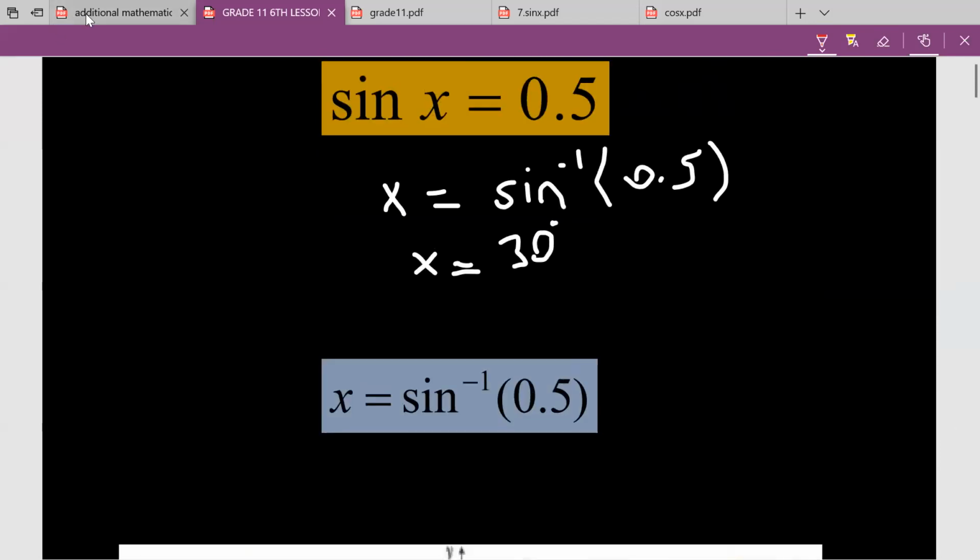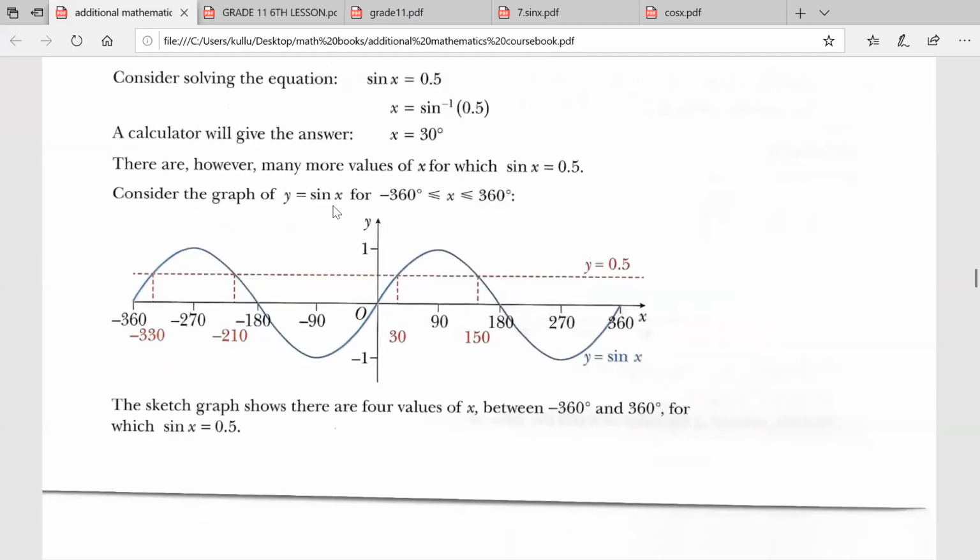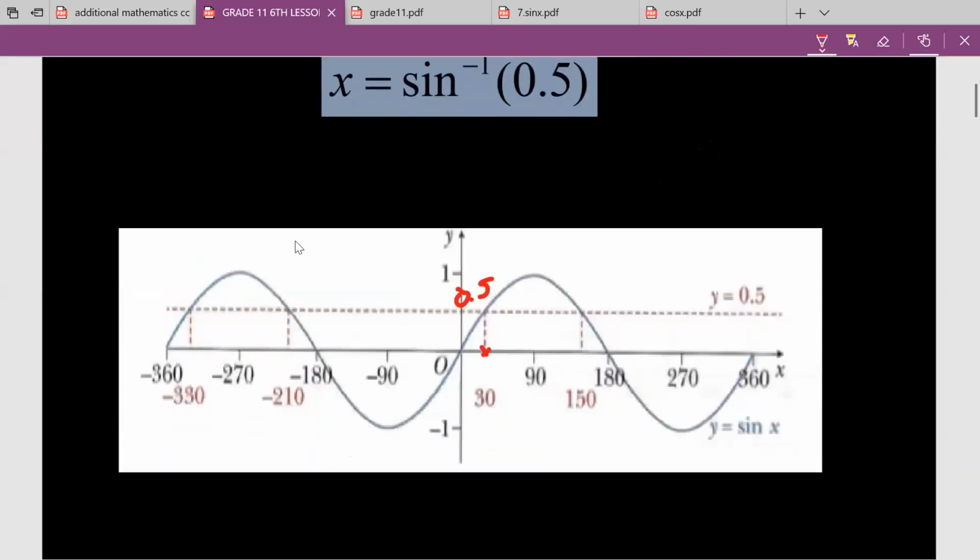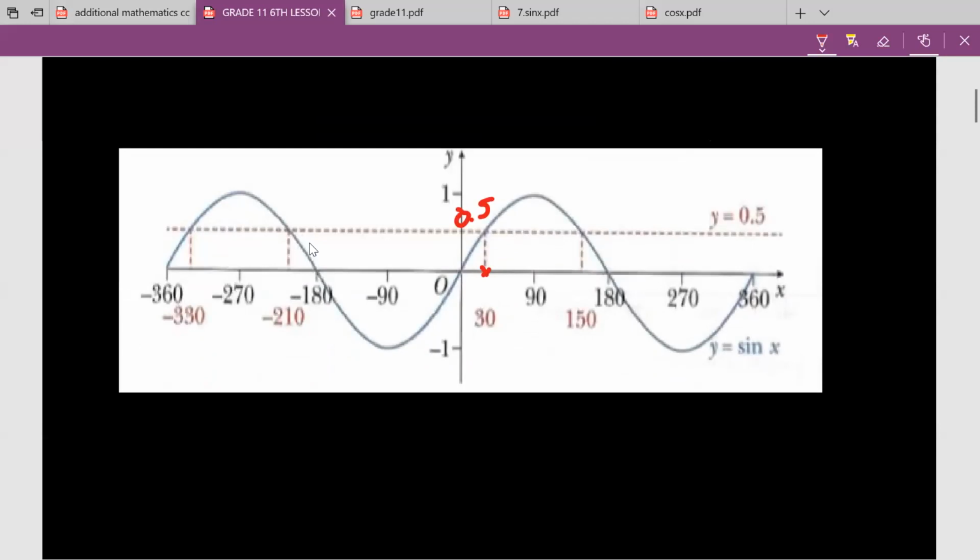And when we consider the question, we will find values between negative 360 degree and 360 degree. To find it, we use symmetry. We have symmetry at the curve. At 30 degree, it's crossing 0.5. Here is our point.